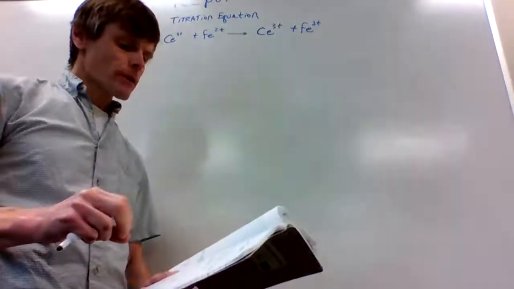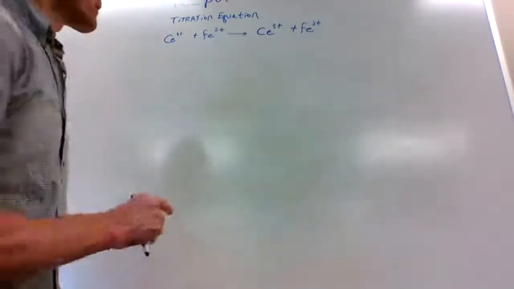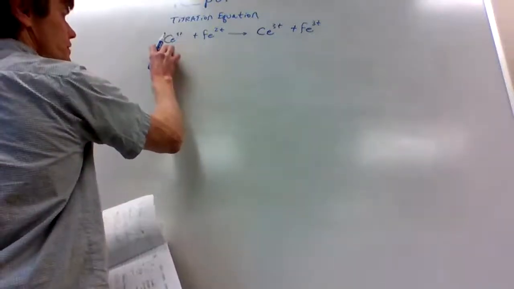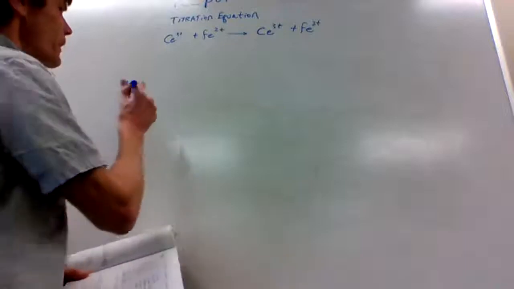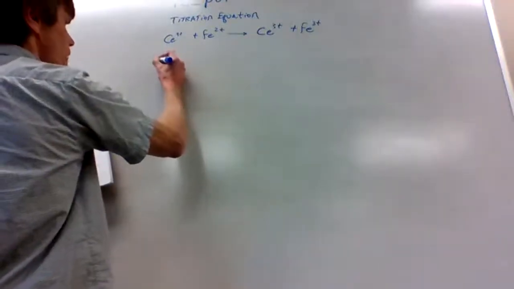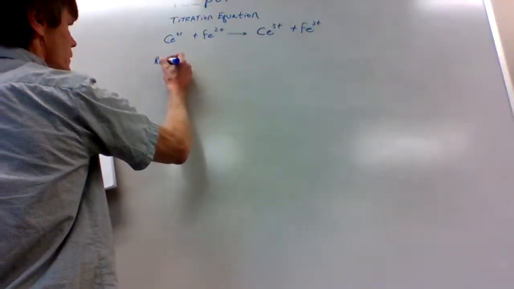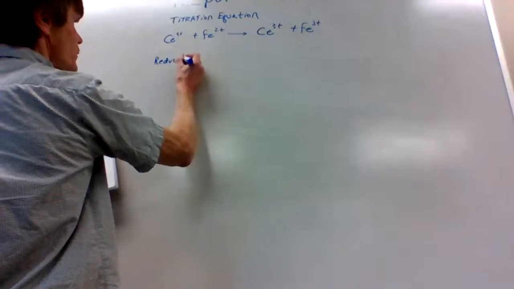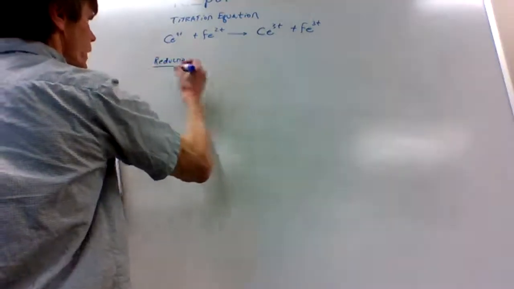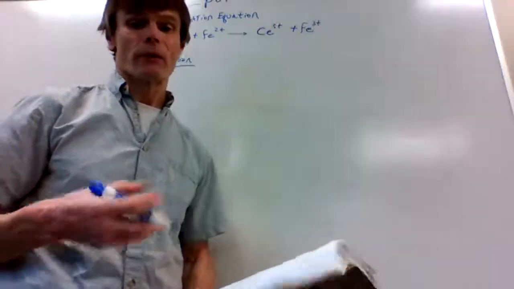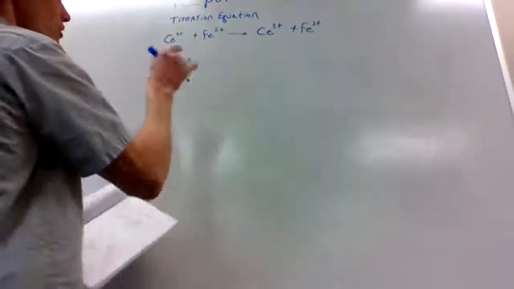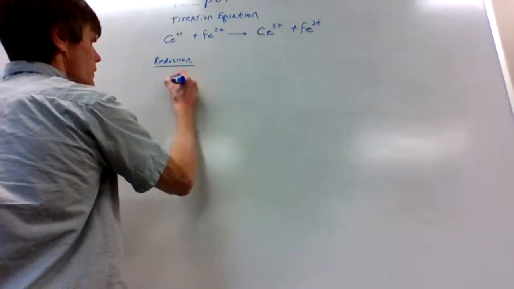Let's write down... Now notice cerium is being reduced to cerium-3 positive. Let's write down that reduction half reaction. And by convention, remember, when we write our reduction half reaction, we write it as a reduction reaction. So really, we're not changing anything here.